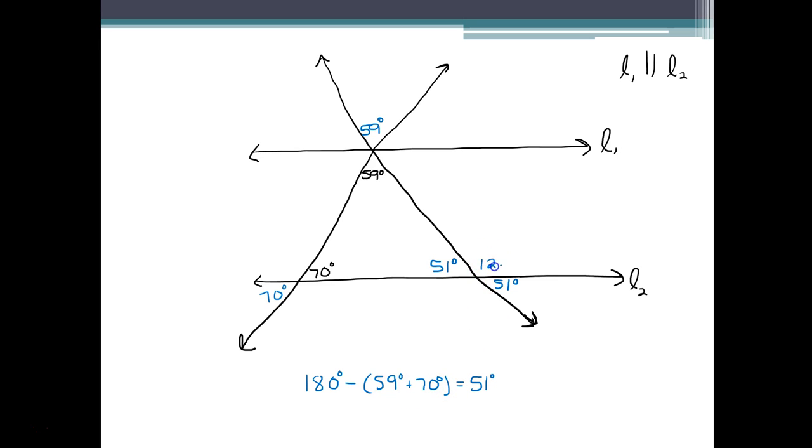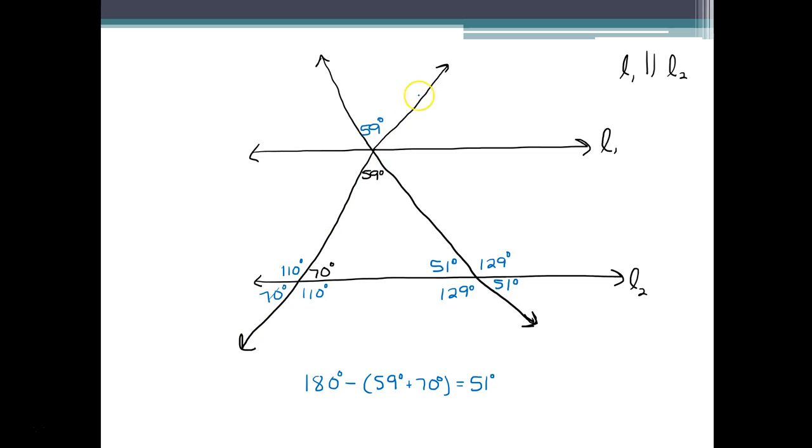This has to be 129 because of the straight line there. It has to be 180 with the two together. This has to be 129 because of vertical angles or because of the 180. This has to be 110 because these two have to add up to 180. Same thing with this one, 110. Vertical angle is 110. So far so good.